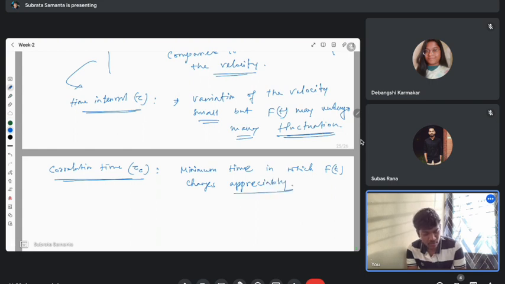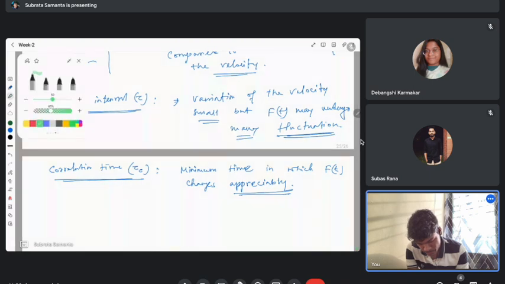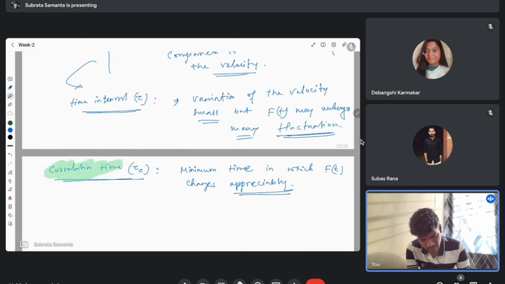So that is the correlation time. We'll discuss later what exactly that means and how to relate the fluctuations to correlations.